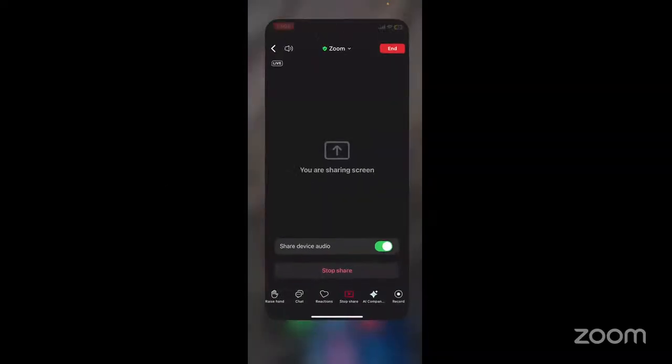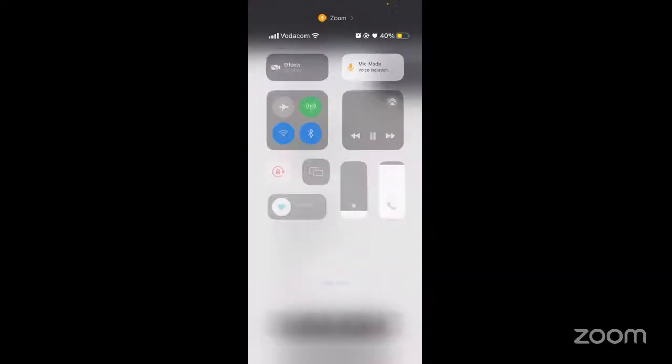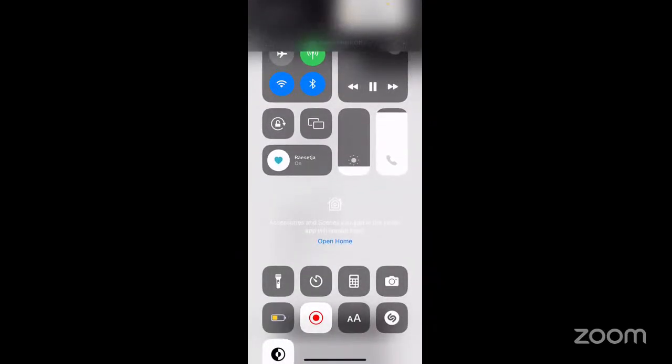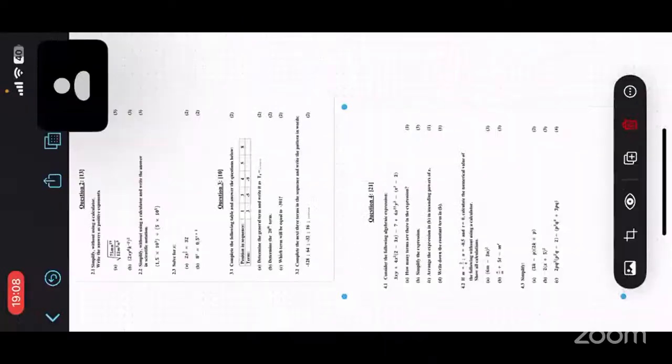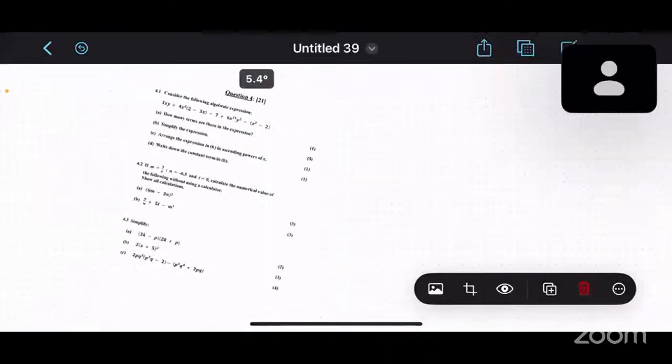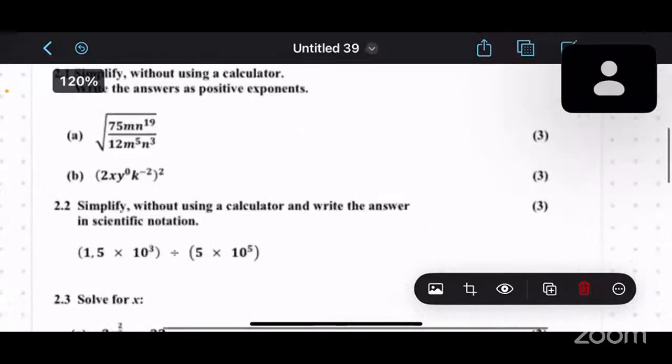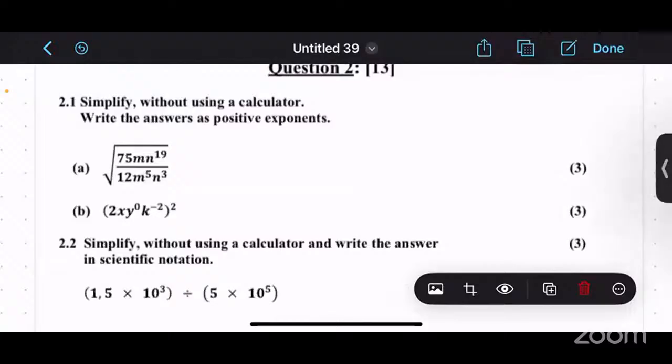Are you able to see? Yes, ma'am. Okay, maybe I need to rotate my screen so you can see properly. Is it much better now? Yes.